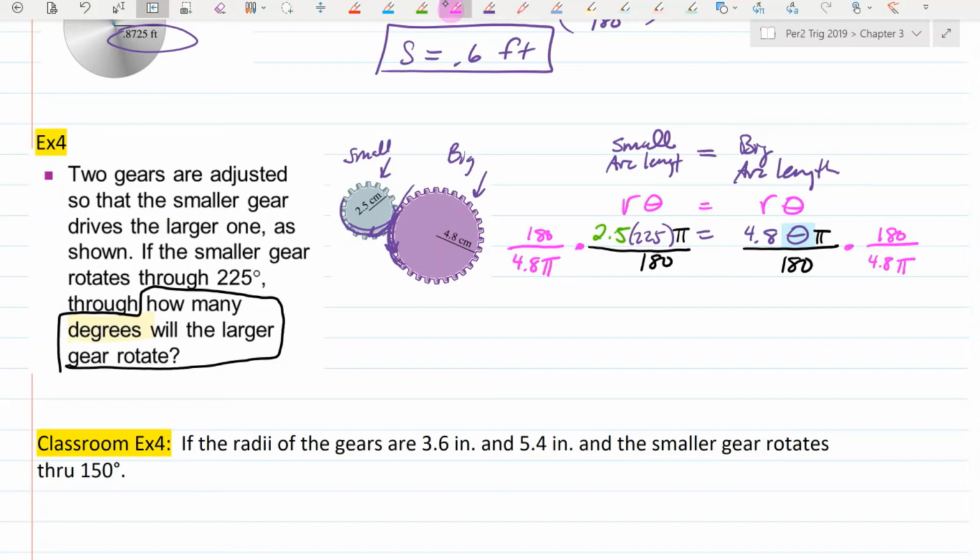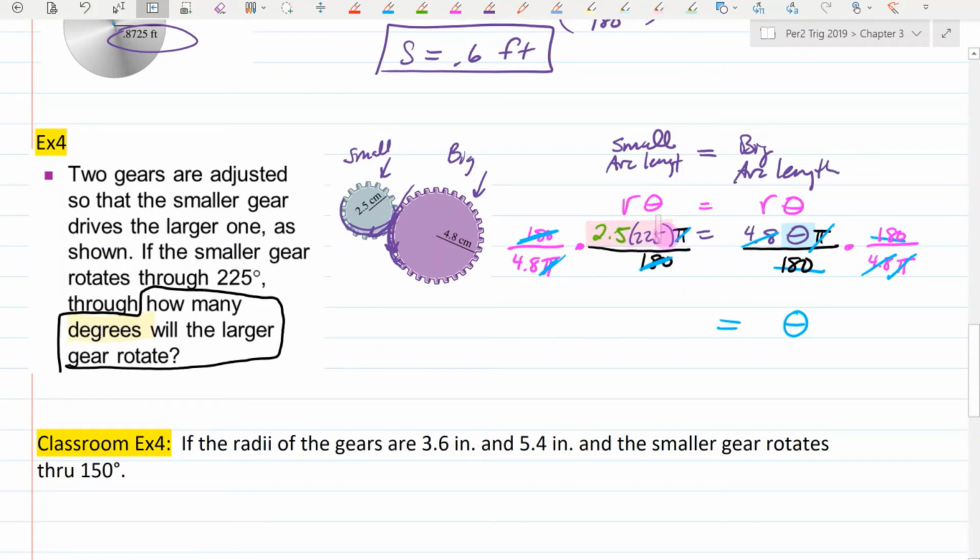So on the right side, this cancels with this, that cancels with that, and a 180 cancels with 180, so you're left with theta. On this side, pi cancels with pi, 180 cancels with 180. And now the rest of it's left to be done on your calculator.